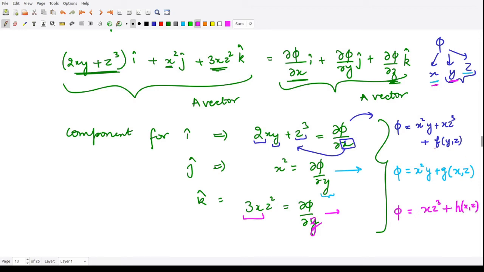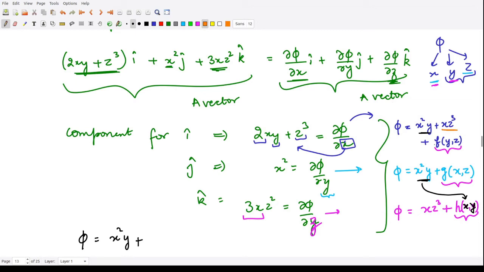So now we are to determine by looking at them what these constants are. For sure our phi will contain all these functions. Phi will contain x square y, which is coming here, so here it should be a function of x and y, right? So this h of x y should be here, because it should also come in this function. So you have x square y here for sure. Next you have this term xz cube.